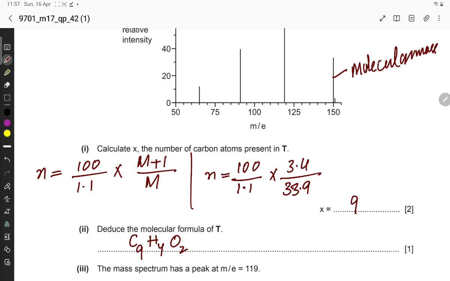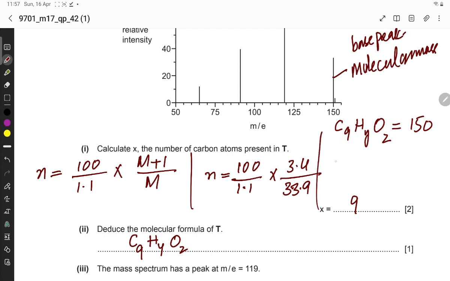This is the base peak and it is the molecular mass of the compound. It means C9HyOz is equal to 150. So when we identify carbon 9, we know that carbon 9 is equal to 12 into 9.